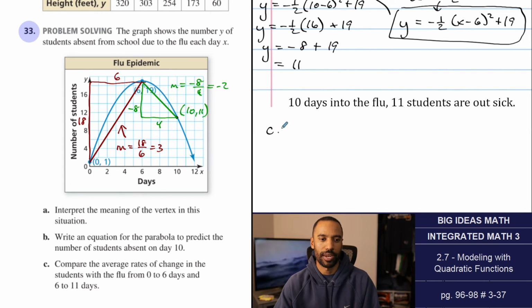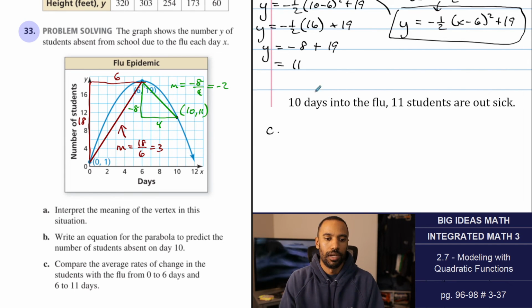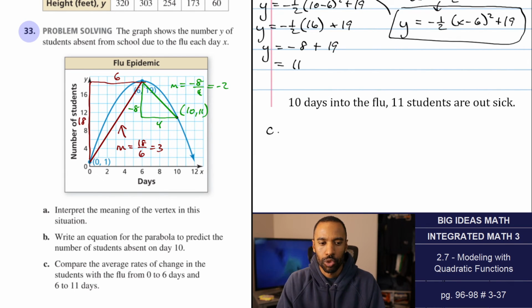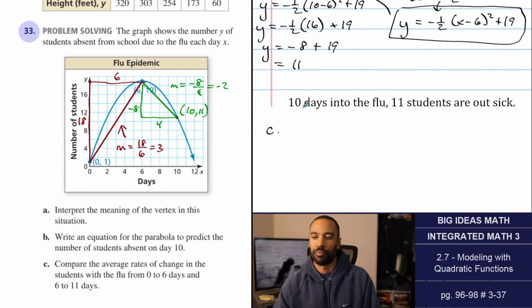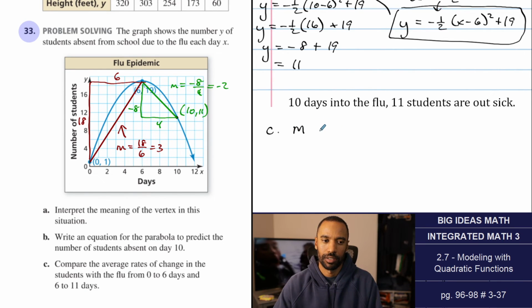So comparing the average rate of change: three new students per day sick on average here and there. They said compare them. So the slope going up is 3. Slope going down is negative 2.